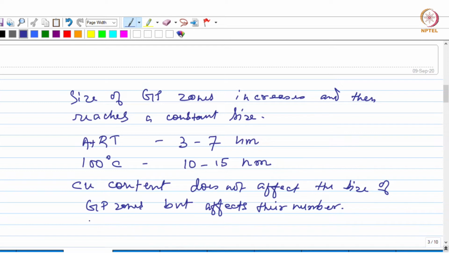For example, if you talk about 4% copper, the number of GP zones is in the range of 10 to the power 14 to 10 to the power 15 per millimeter cube.